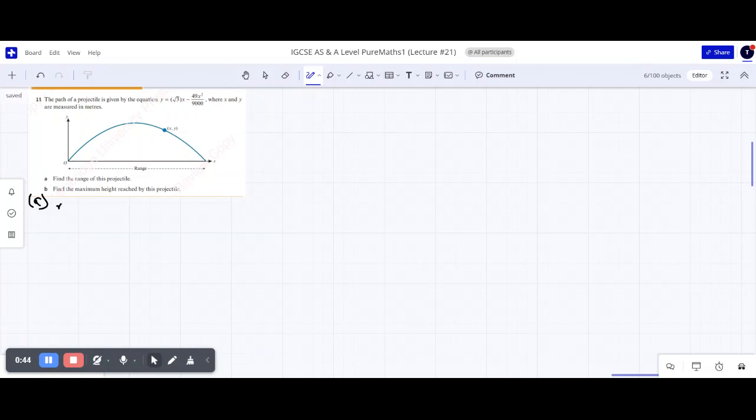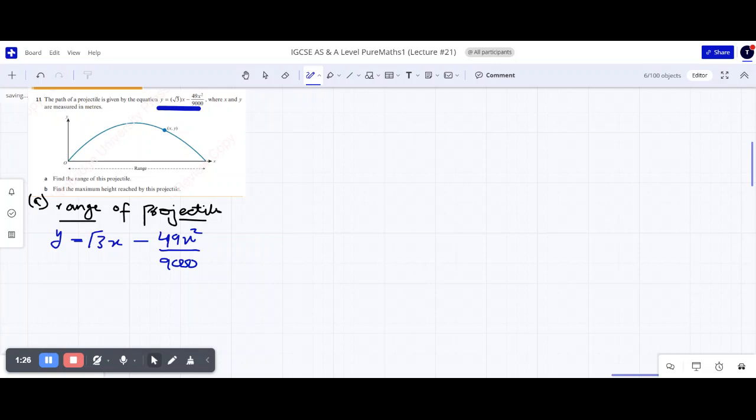The range of this projectile. Okay, so now the equation of the projectile is given, y equals root 3 x minus 49 x squared divided by 9,000.